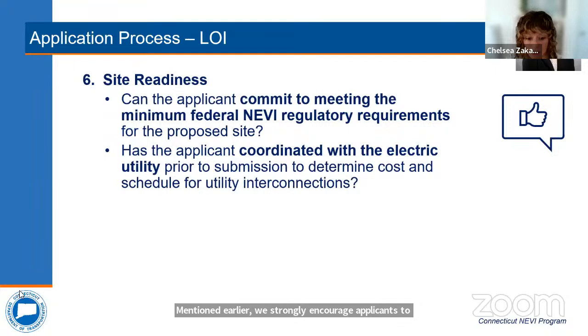In addition, the LOI does ask, has the applicant coordinated with the electric utility? While this is a yes or no answer for the LOI, it will be required when submitting the RFP to show proof that you have met with the utility to review design plans and to ensure the location can handle the load capacity that's being proposed.